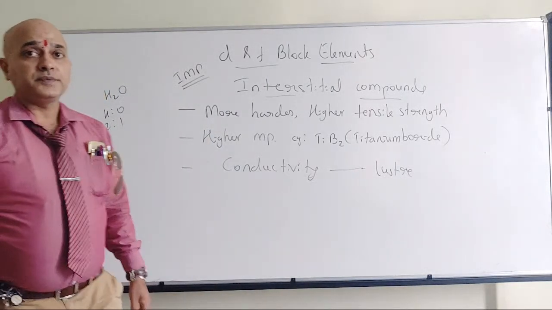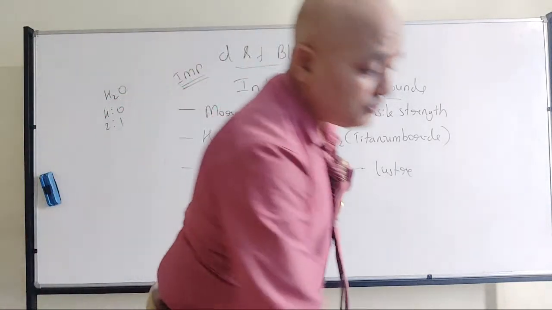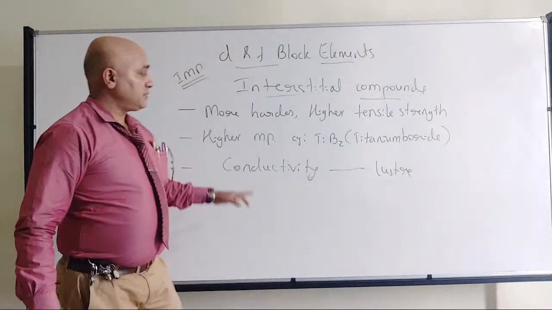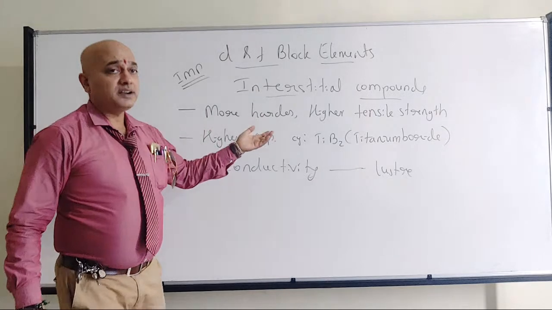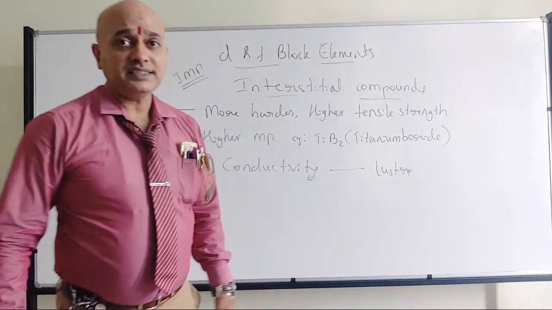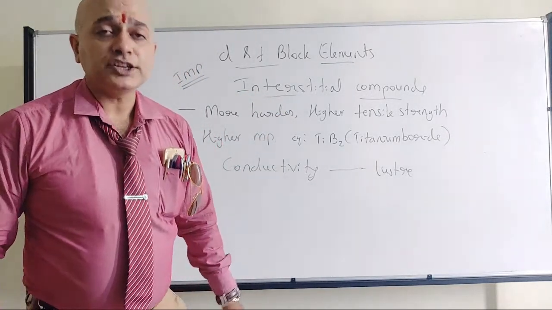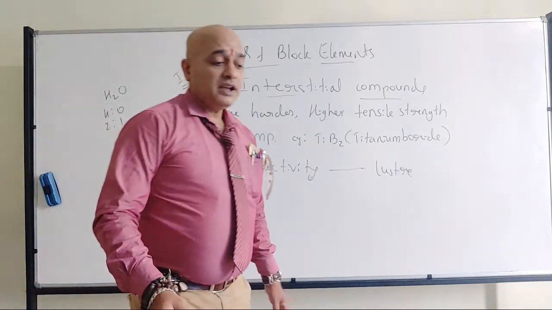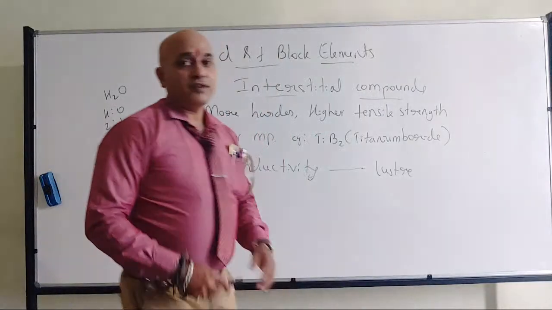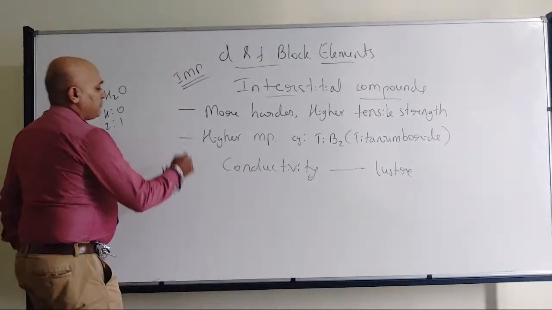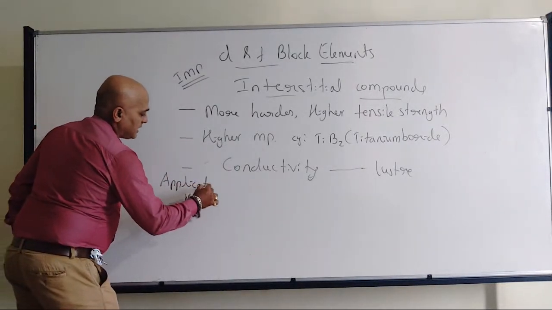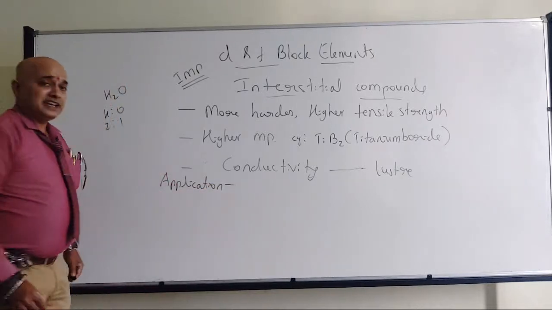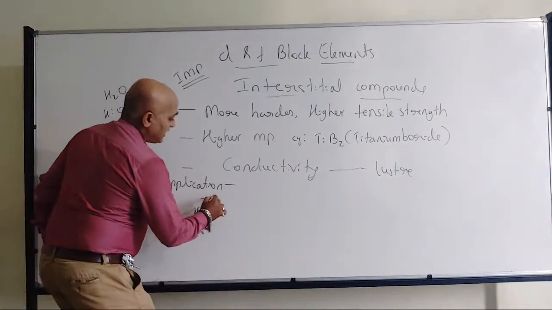Interstitial compound. Fine. So due to that particular properties where higher melting point, more harder and higher tensile strength and all, they have the huge application also. For example, when I am talking about application, hydrides.